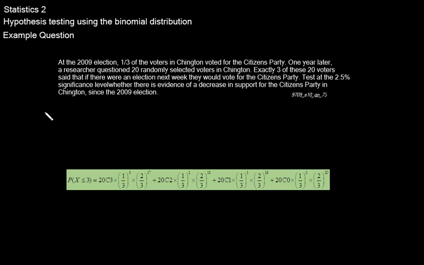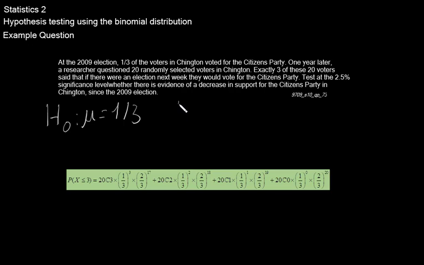Right, so in any hypothesis testing, we need to first find the null hypothesis and the alternative hypothesis. So in this case, the null hypothesis is that the mean is equal to 1/3, because at the moment, we know that 1/3 of the voters in Qingdao voted for the Citizen Party. So it's good to assume that the mean is 1/3.